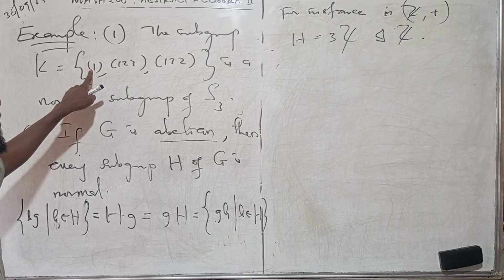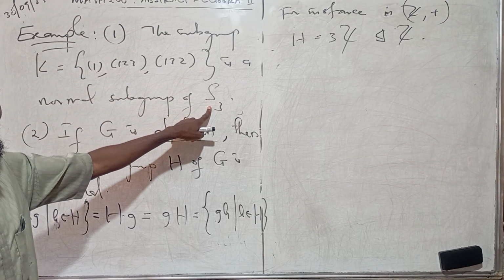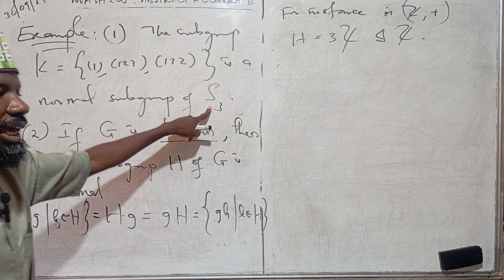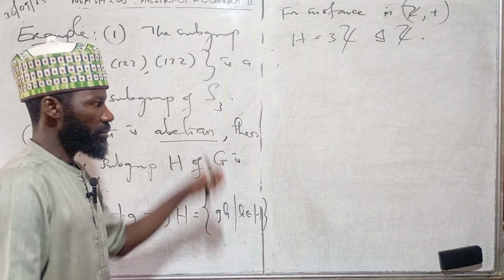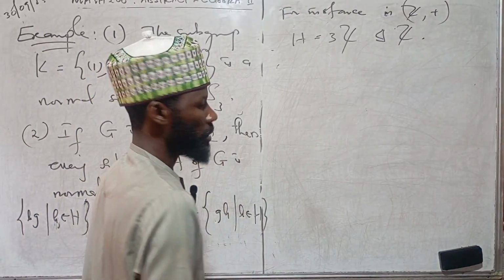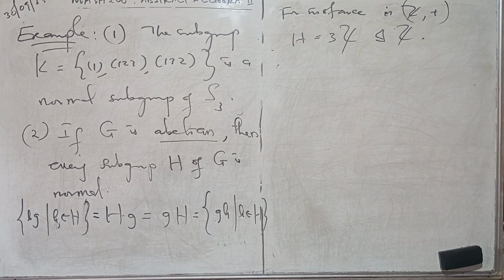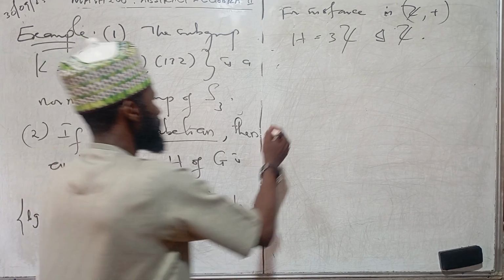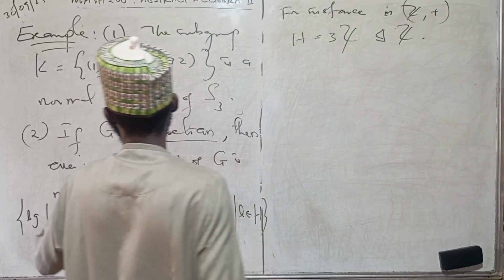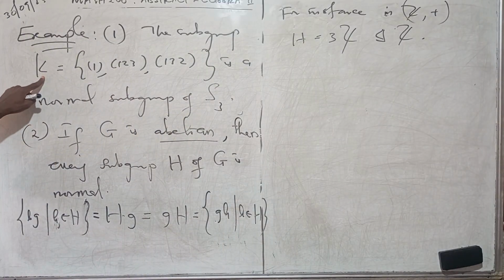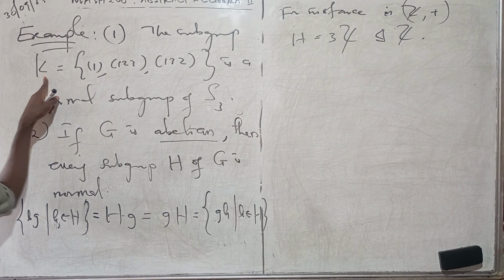But we have seen a non-abelian group S3, and a subgroup H of it. You remember it in the example we considered. I made some remark about this subgroup, because what was the index of this subgroup?